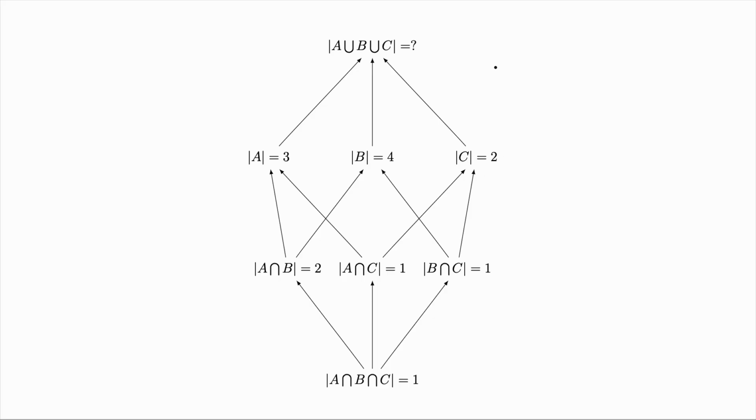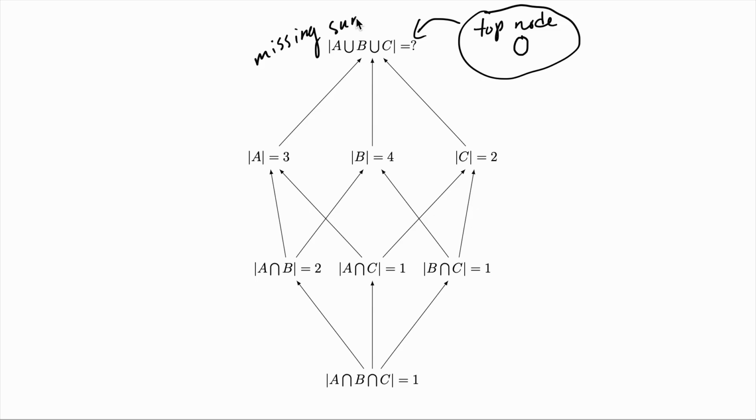At the top, actually, new is 0, because all the points of A, B, and C have actually been considered up to that point. So we can automatically know that the top node here is actually going to be 0. That's going to help us when we try to answer the question. We have a missing sum, but we actually know that the top node is 0.